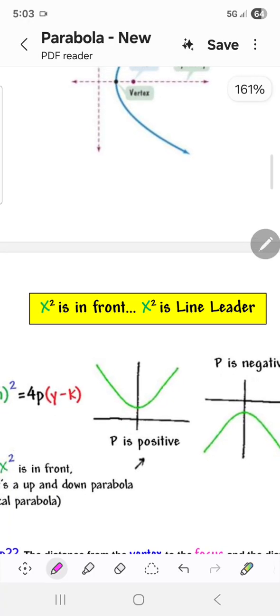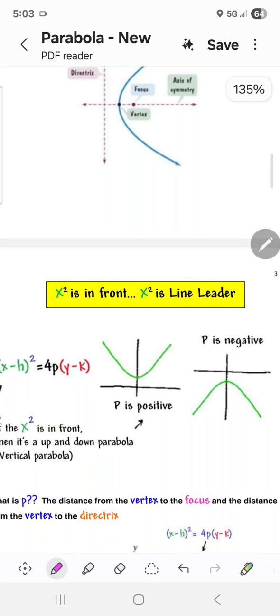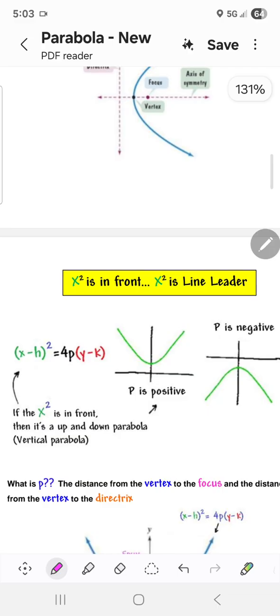With a parabola, you want to play the game of who's line leader, who's in front. If x squared is line leader, he is the squared term, he is in front. If x squared is in front, you're either going to open up or open down. And the value that actually determines that, whether you open up or down, is the value of p.